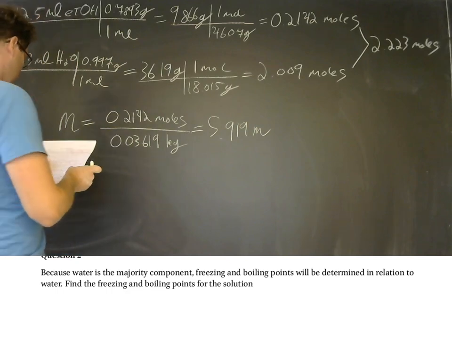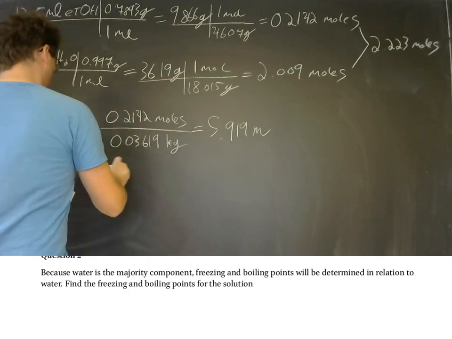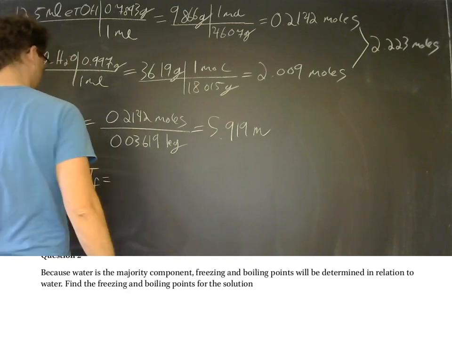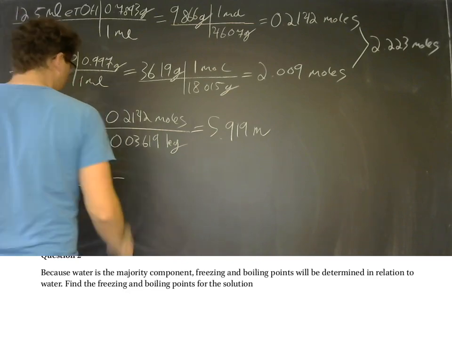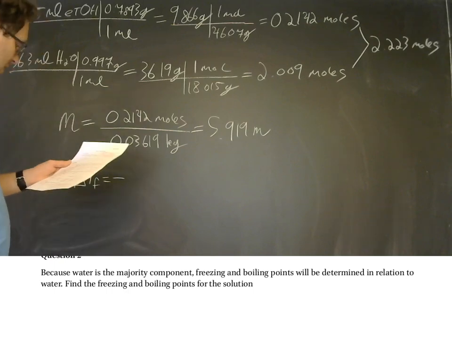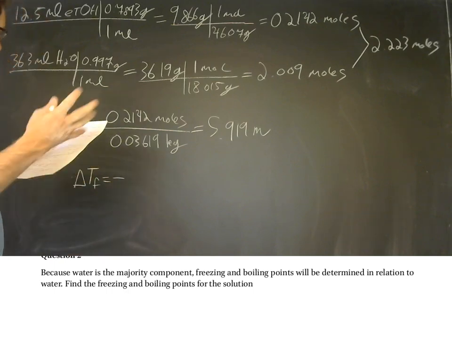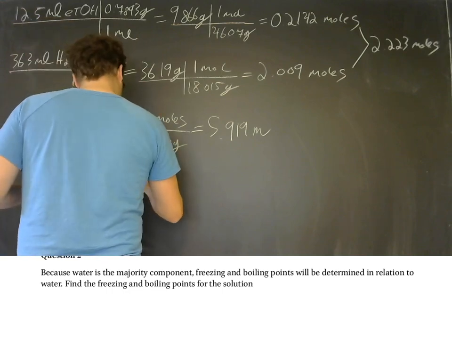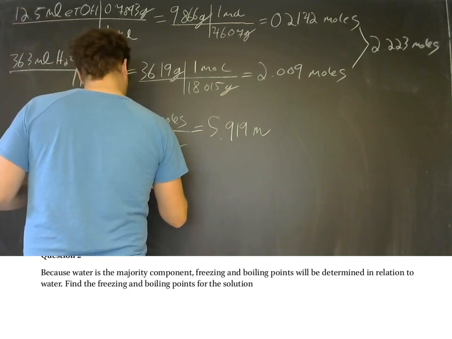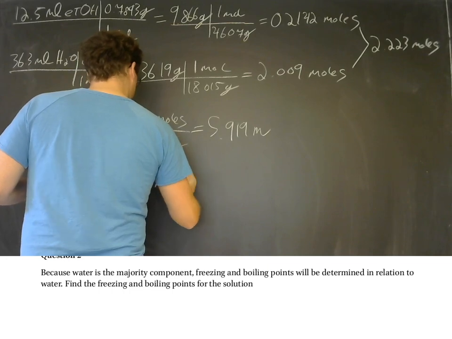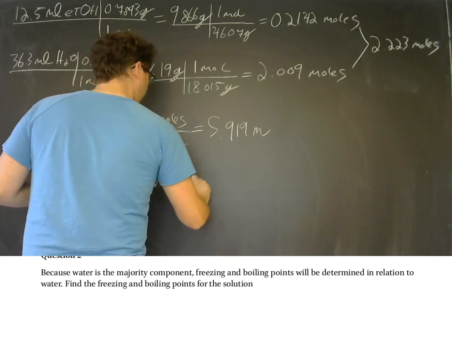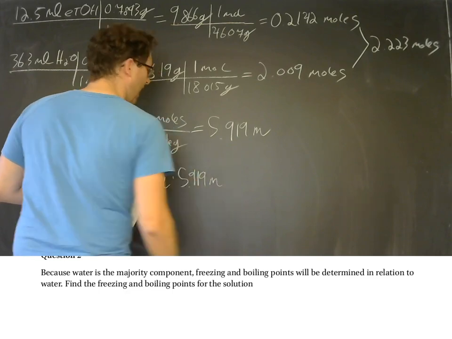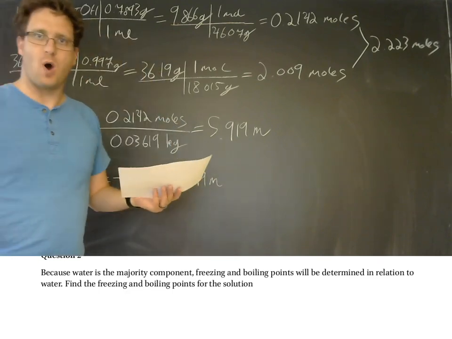Now we can calculate our delta TF, our freezing point depression. It is going to be negative KF for water. That's 1.86 degrees Celsius per molal, times that molality of 5.919 molal. And we have a Van't Hoff factor of 1 in this case.